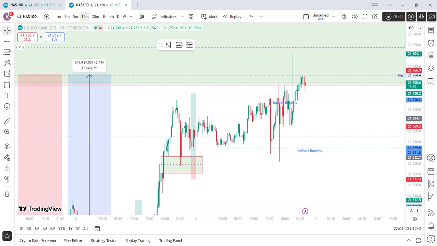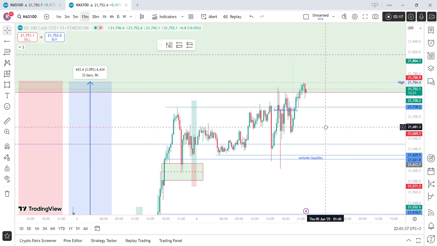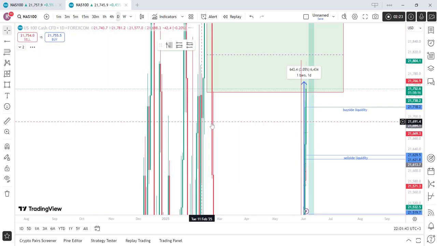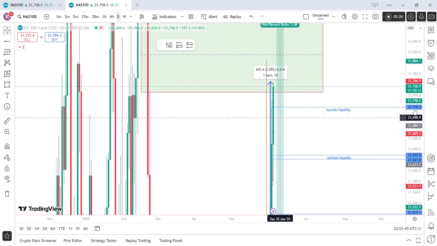Above the highs and below the lows is where liquidity lies. Remember, this is just the beginning of it. We are going to be talking about our catalog of liquidity pools.